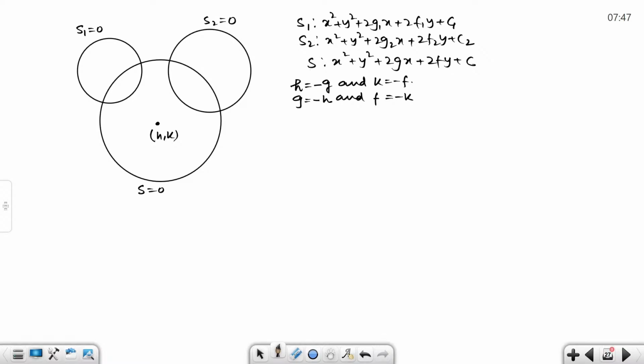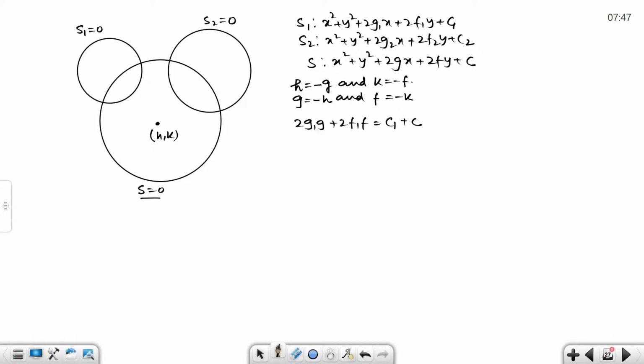Now, as in the question they have said that S equals to 0 is intersecting S1 orthogonally. So what will we write? We will write 2 times G1G plus 2 times F1F equals to C1 plus C. Getting my point?